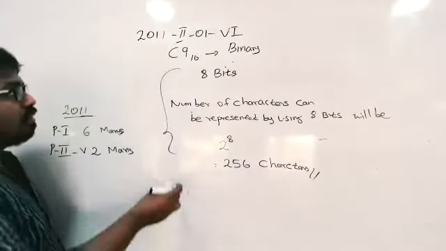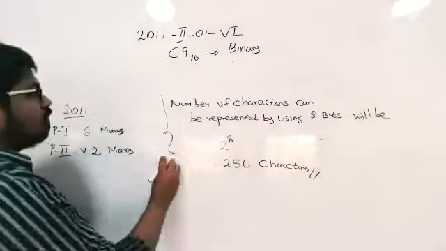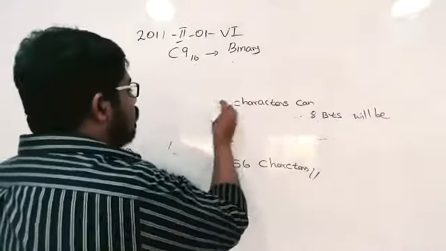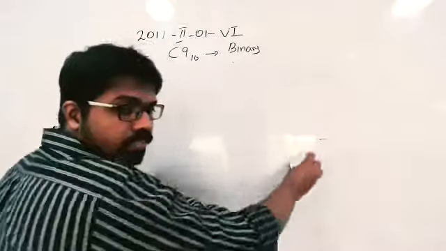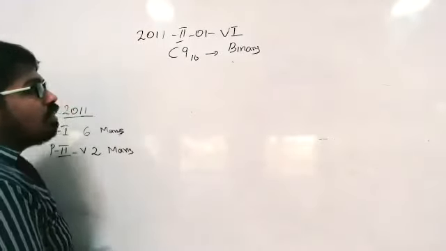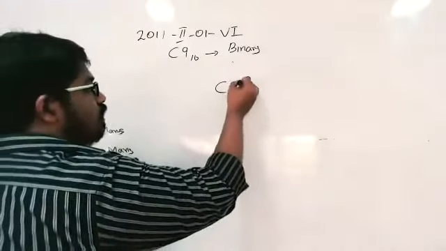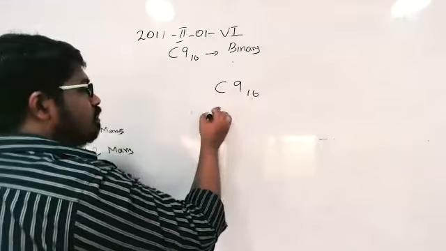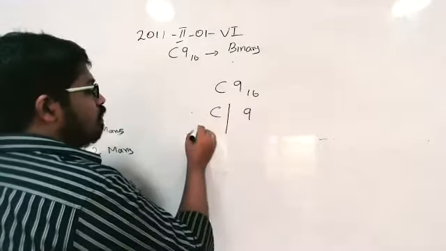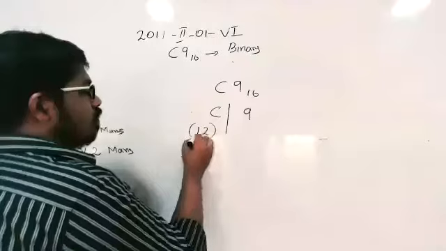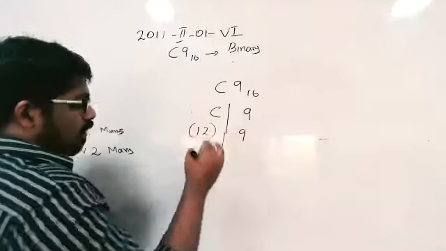Now I will consider the question. C9 is going to be converted into binary, right? So you have to write C9 base 16. C will be 12 and 9.